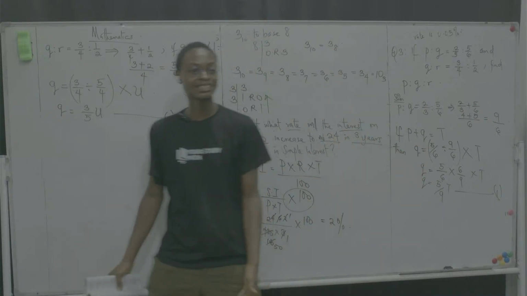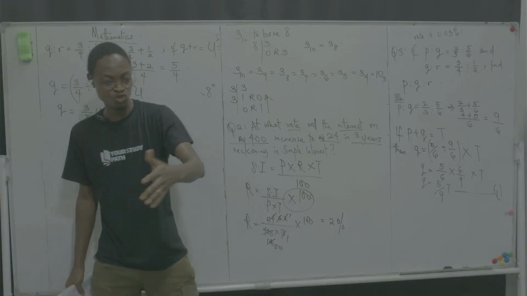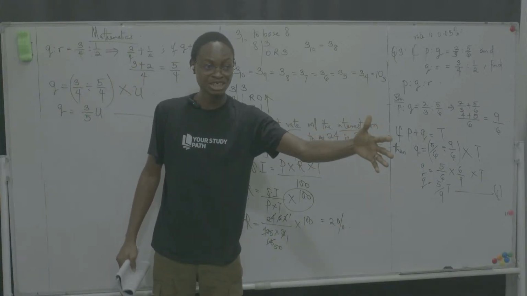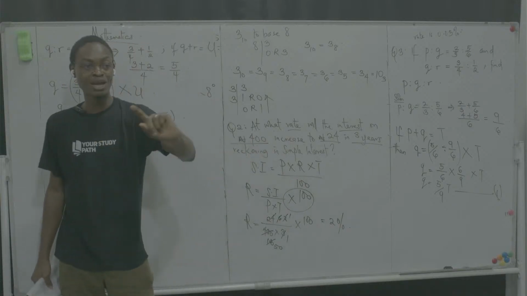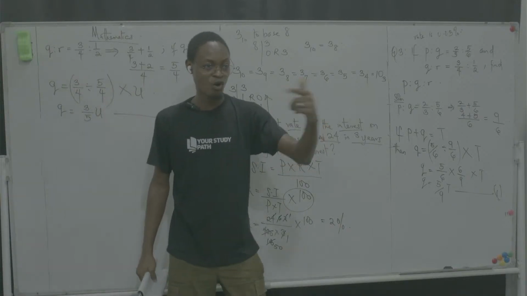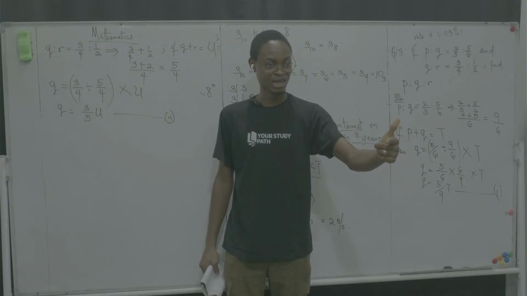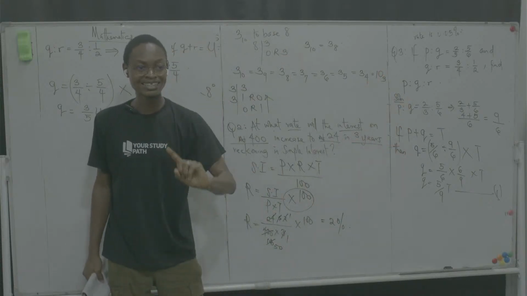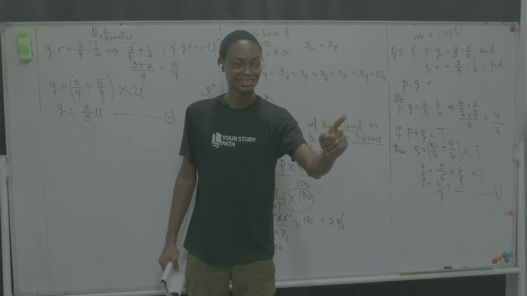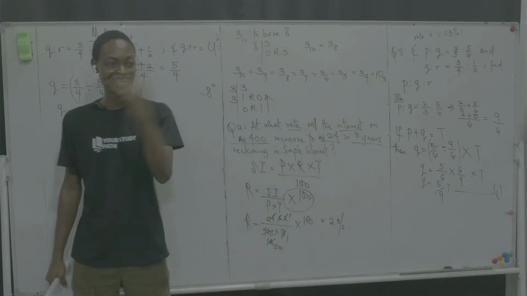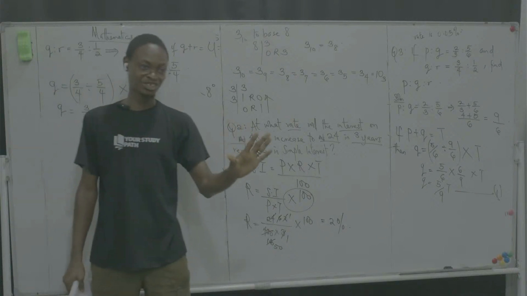Do you understand? I'm just comparing the quantity A collected with the rest. What A is collecting is still the same. So let's say we have 20 oranges. Of those 20 oranges, A collected 4, B collected 6, and then C collected 10. You know I have 20 oranges, so it's balanced like that.